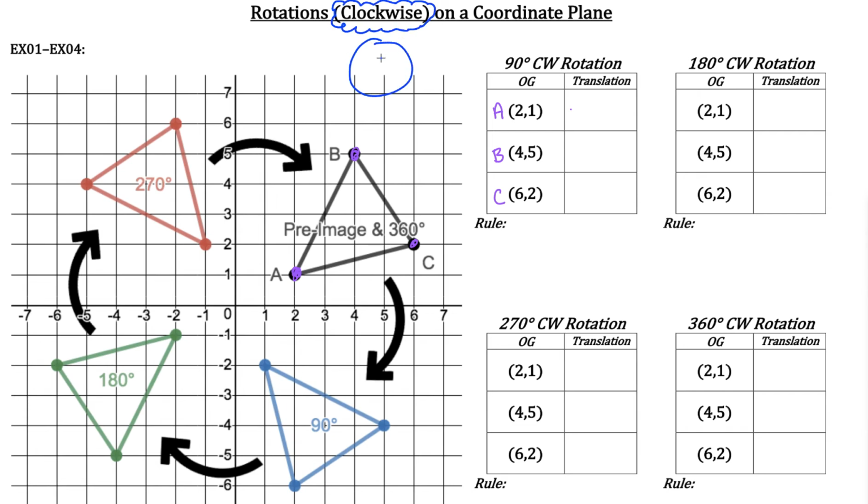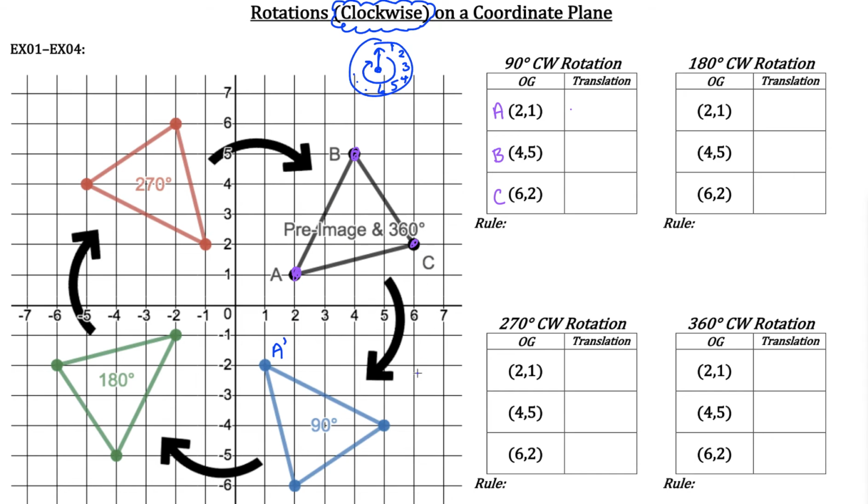You know how a clock goes this way around, like 1, 2, 3, 4, 5, 6, and so on, right? So it goes this way. So we're rotating in this direction. And so we have A prime right here.